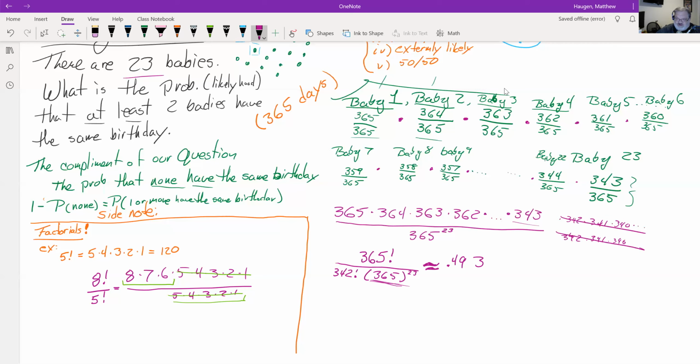So there's a larger denominator than numerator. So that 0.493 hopefully doesn't seem too crazy. And if we do our 1 minus our 0.493, we do get about 0.507, or 50.7%.